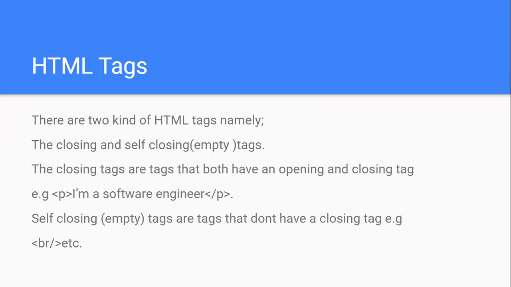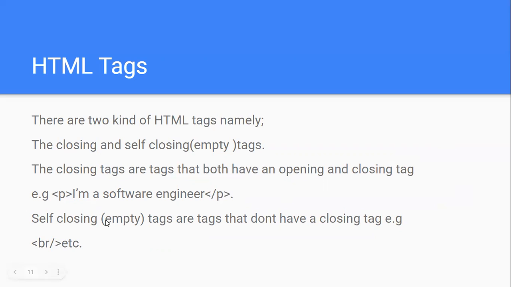And we just have two kinds of HTML elements. We have the closing elements and the self-closing or empty tags. The closing tags are tags that have both an opening and a closing tag. So this is an opening tag. This is the closing tag. So this is a closing element. It has both the opening tag here and the closing tag here.